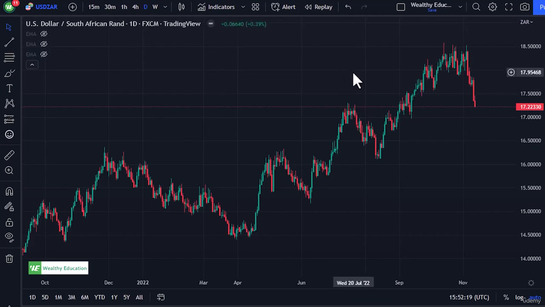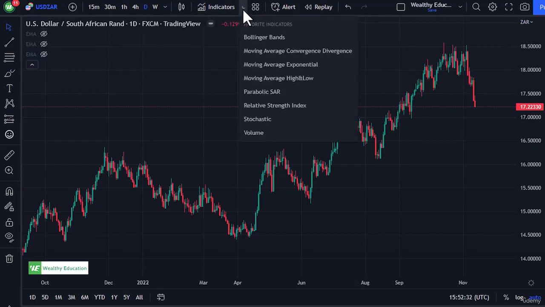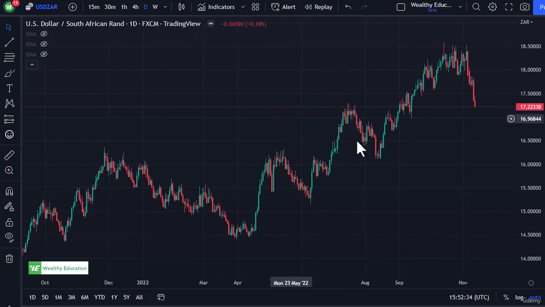There's a couple of really common ones called MACD, moving average convergence divergence, and the RSI, which is relative strength index. I'll put on the relative strength index.